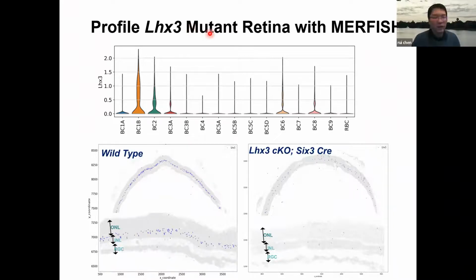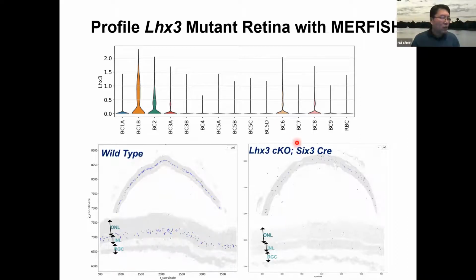So one of the mice we test is the LHX3 mouse, which has been known to be expressed specifically in a subset of bipolar cell types. This is a transcription factor, LIM homeodomain 3, and we included that transcription factor in our probe set. You can see in the wild type, consistent with previous knowledge, LHX3 is primarily expressed in the nuclear layer where the bipolar cells reside, especially the top half.